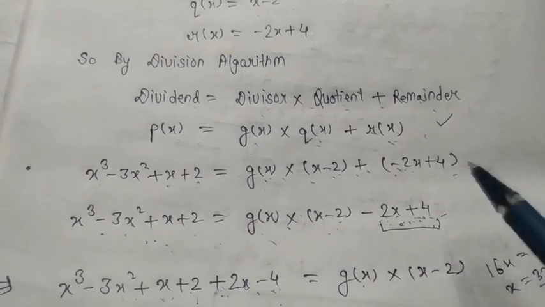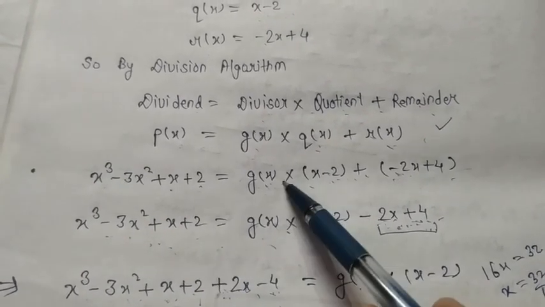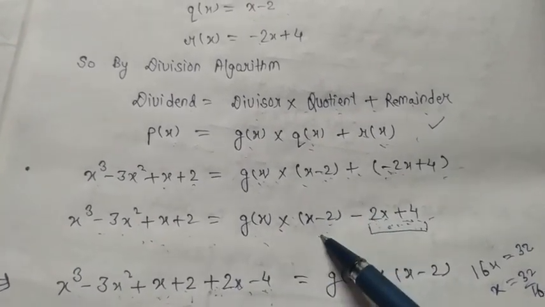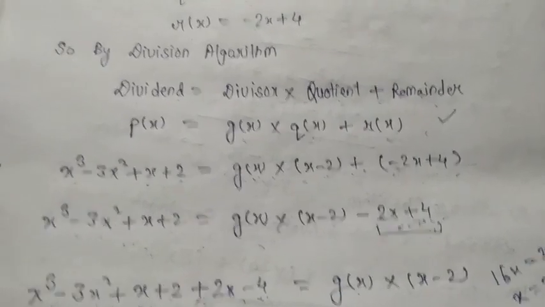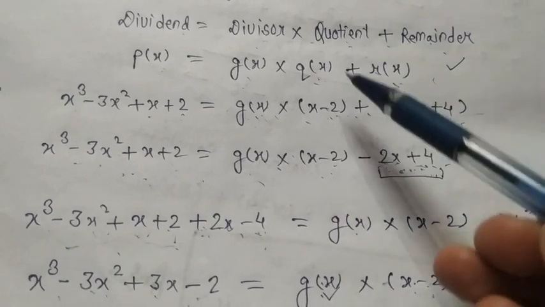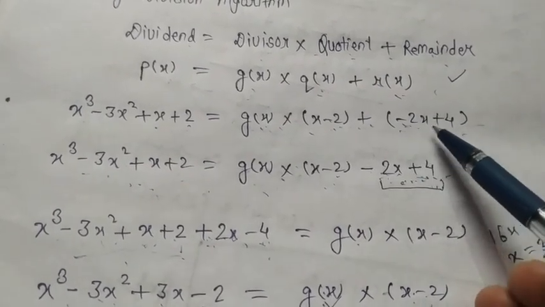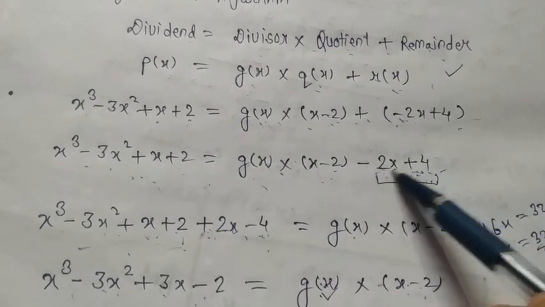Now see, this I have written the same because nothing changes there. g(x) is also the same, x minus 2 is also the same, and see children, here is plus now. Because the plus sign has no impact on any expression, this expression will be written as it is, that is minus 2x plus 4.